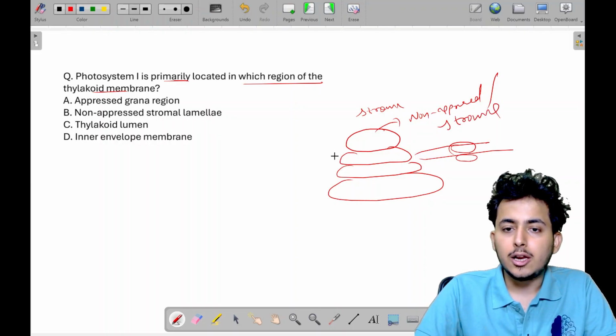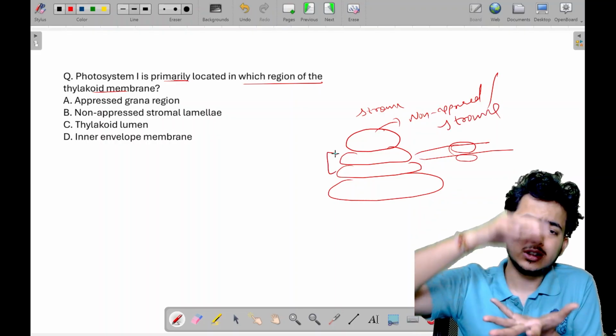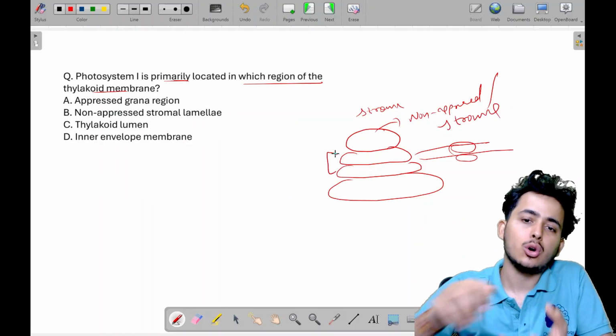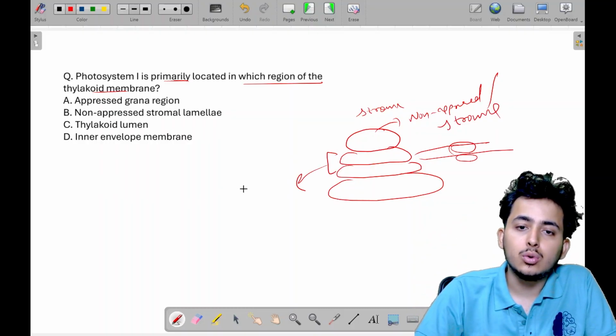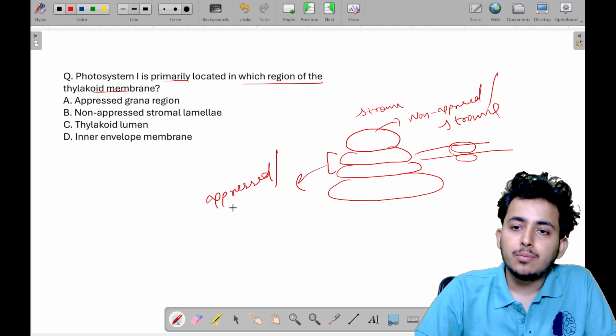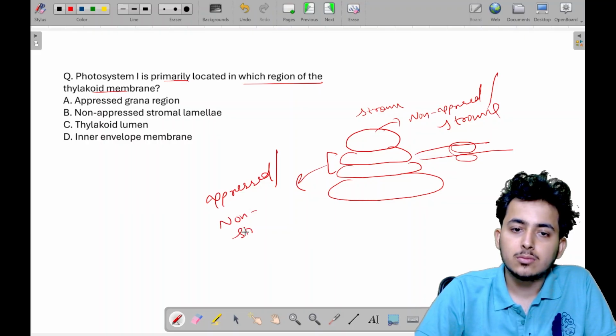Okay, and the thylakoids which are sandwiched by the neighboring thylakoids are referred to as appressed, or you can say non-stromal thylakoids.